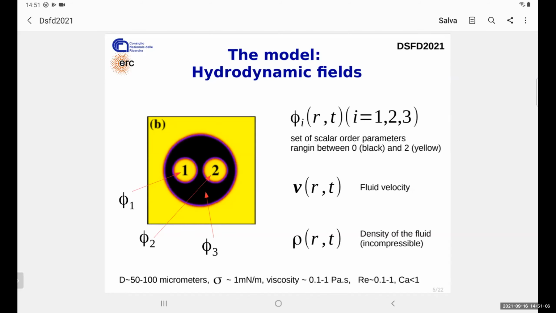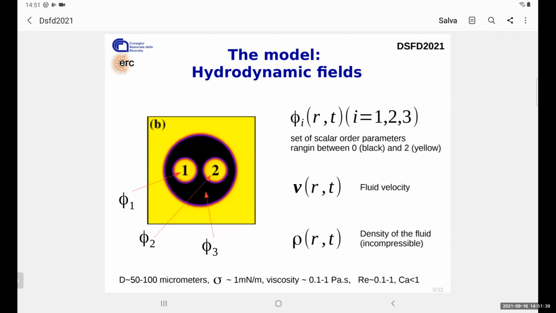For this particular system, we consider a set of scalar order parameters, phi, which tells you basically the density of the different fluid components. So if you have, for example, a two-core emulsion, 1, 2, and then there is the surrounding droplet, you need 3 different components of scalar order parameters. Then you need the fluid velocity to describe hydrodynamic interaction, and then you also need the density of the fluid. Our fluid is in the limit of incompressibility.